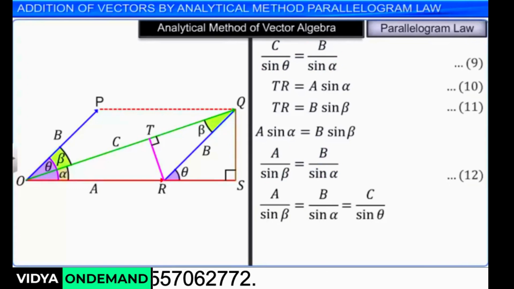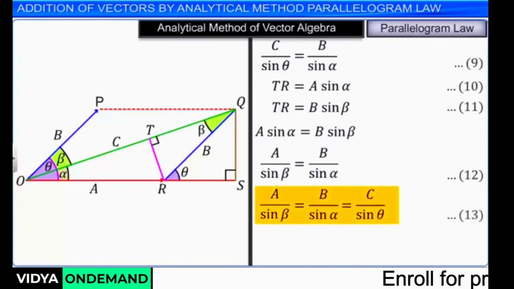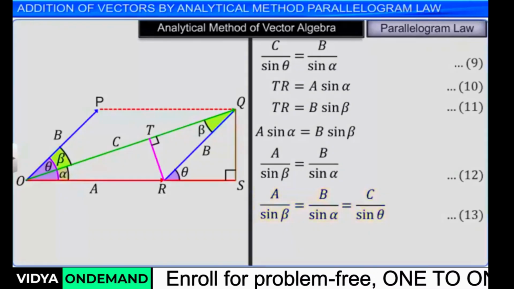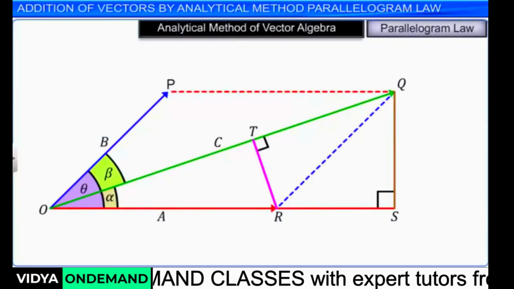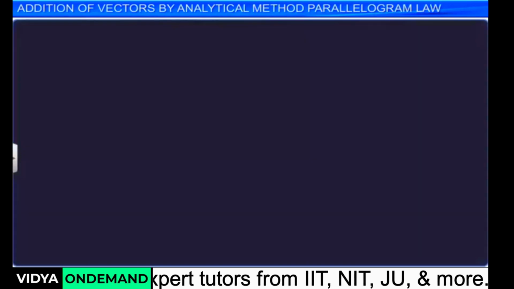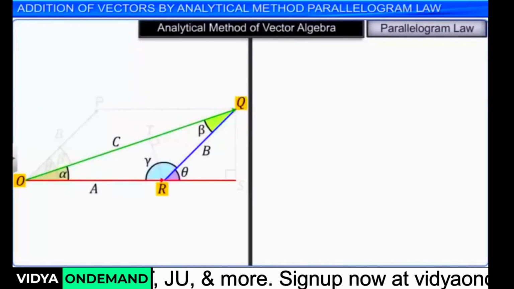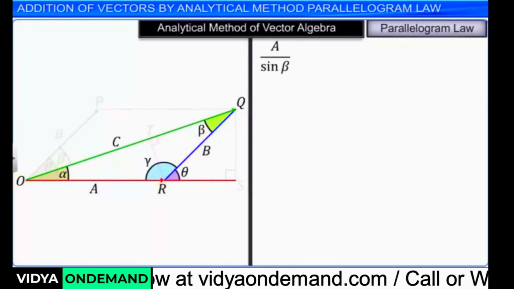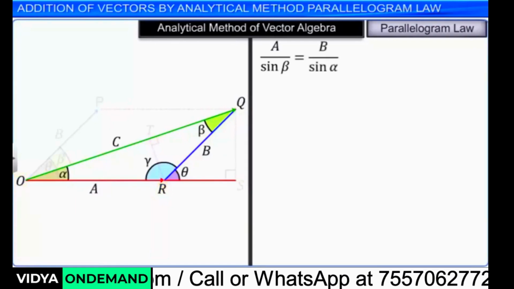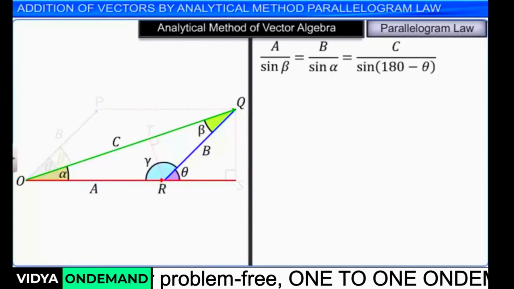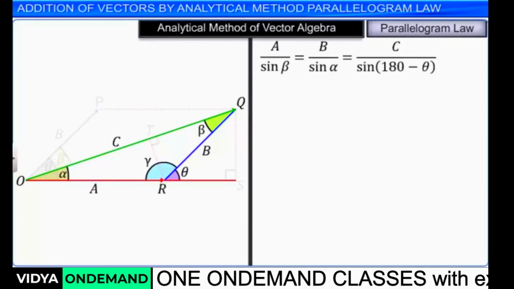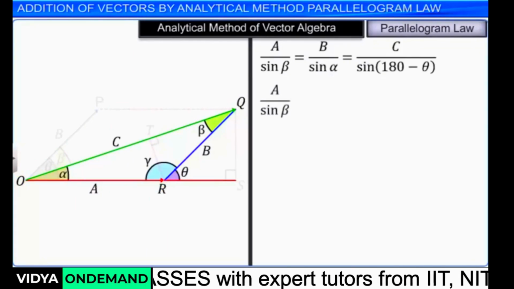Here, A by sin beta is equal to B by sin alpha is equal to C by sin (180 minus theta). A by sin beta is equal to B by sin alpha is equal to C by sin gamma. Let this be equation 14. This equation is known as the law of sines.